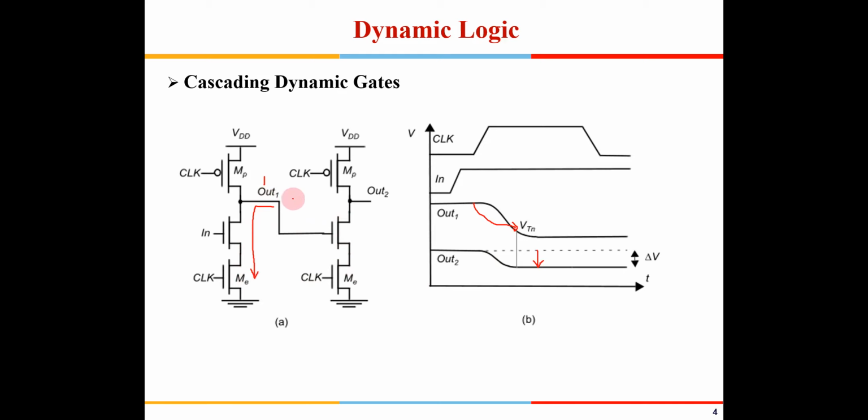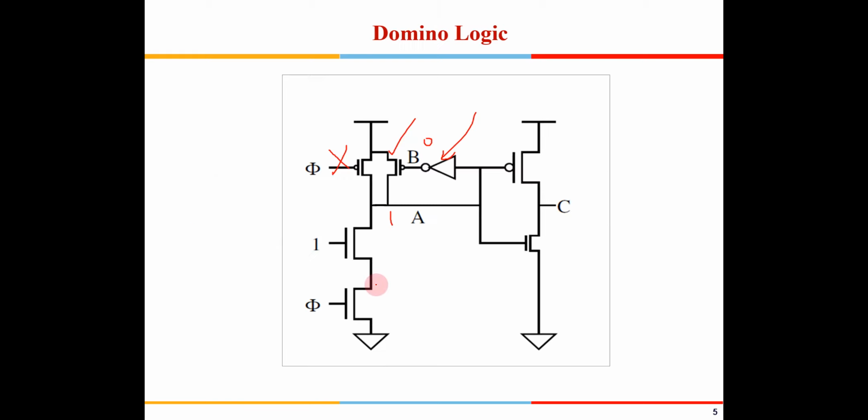These are two inverters which are cascaded. If I have a 1 here, it should be 0 here and it should be 1 here. But what happens is this is pre-charged to 1 here, and it takes some propagation delay for this to get discharged. During that time, this output node is also getting discharged. So this is the issue with the dynamic logic.